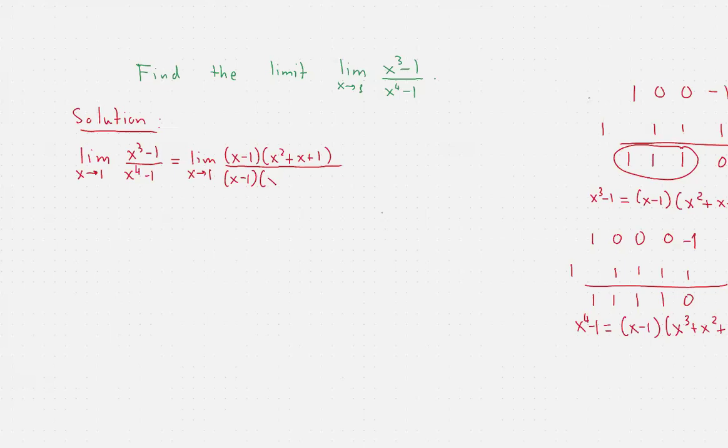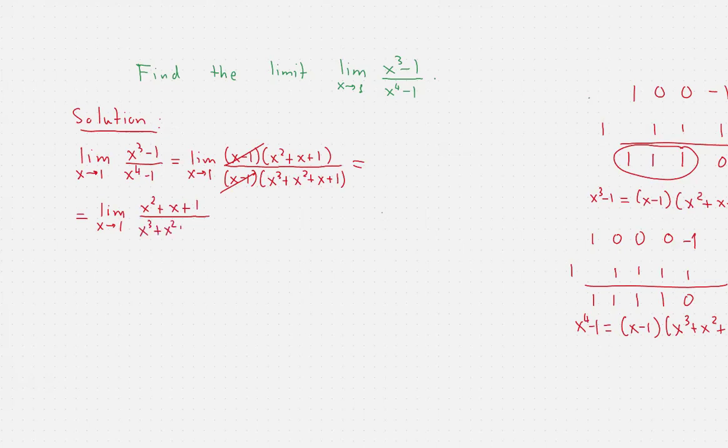So these two things cancel each other, and we get the limit as x tends to 1 of x squared plus x plus 1 over x cubed plus x squared plus x plus 1.